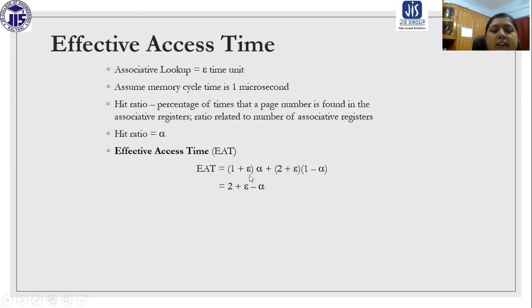If it is a hit, one access is for the main memory to access the data, and the TLB is accessed once for searching. Alpha is the hit, so 1 minus alpha is the miss. In that case, time is first required for searching in the TLB. On a miss, one access is for searching the page table located in main memory, and another is for accessing the actual data. This is the formula for calculating the effective access time.